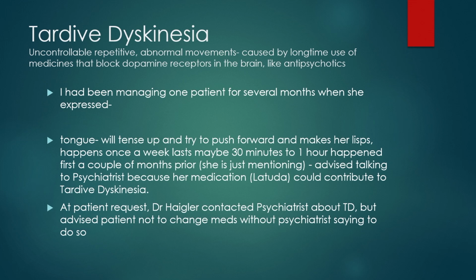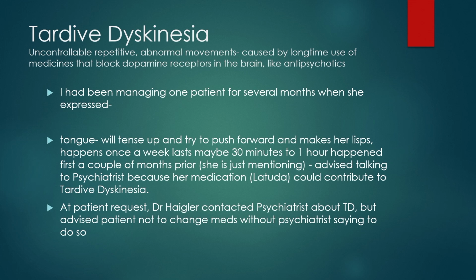Another possible muscle disorder that you can find is tardive dyskinesia. So that would be basically little involuntary movements. A lot of times, that can be caused by long-time use of some antipsychotics or other types of medicines. So there was one patient who realized that her tongue was protruding forward.